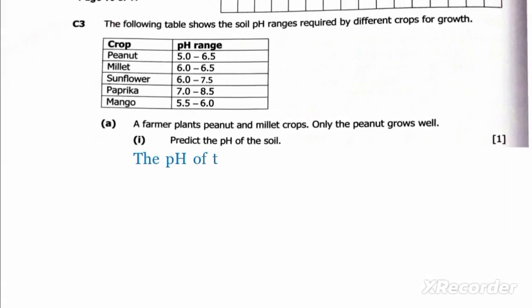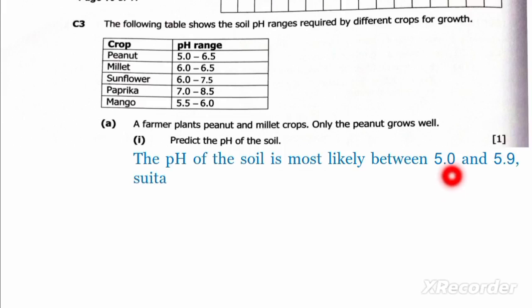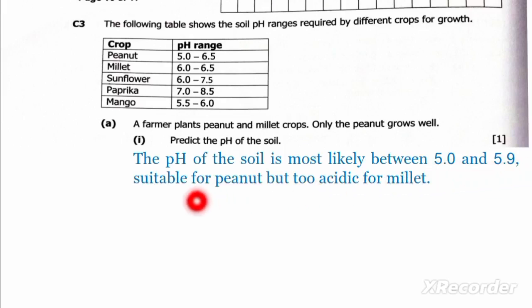So therefore, we are going to say the pH of the soil is most likely between 5.0 and 5.9, suitable for peanut, but too acidic for millet.